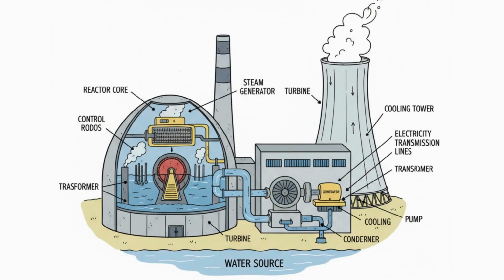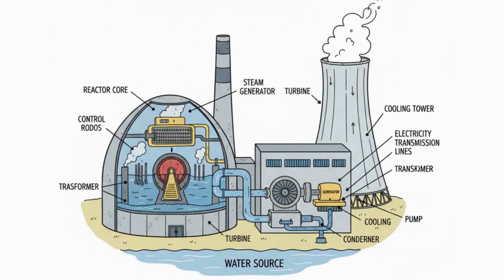The second step in nuclear energy is the nuclear fission reaction. Inside the reactor's core, a neutron hits a uranium atom's nucleus. So this is the second step, nuclear fission. Third, heat generation.